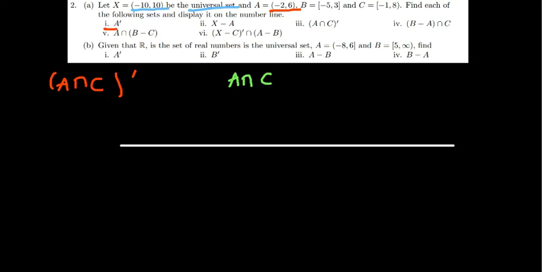So I'll take that to be my negative 2 all the way up to 6. That is my set A. Now join them. Both negative 2 and 6 are not shaded based on the interval given about A.